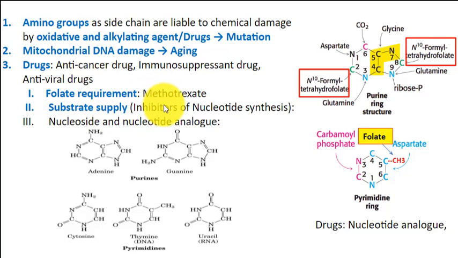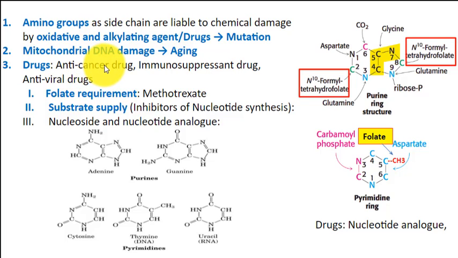The other approach is to supply a molecule that looks very similar to a nucleotide or purine base. Ultimately, they will also interfere with DNA and RNA synthesis, so DNA and RNA synthesis does not happen. This is how we stop cell proliferation with anti-cancer drugs.